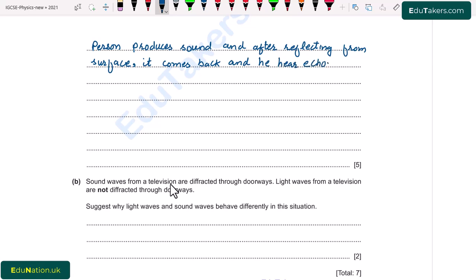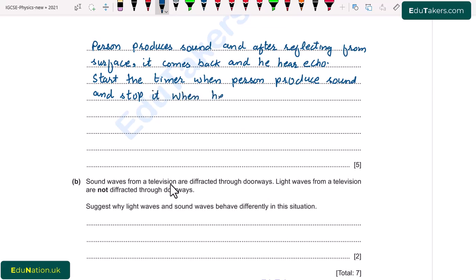Echo is actually the reflection of sound. Start the timer when the person produces sound, and stop it when he hears the echo.